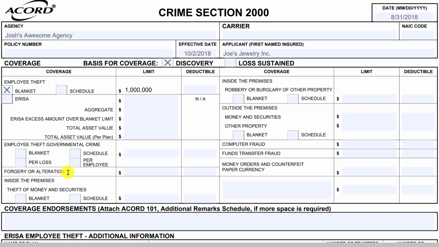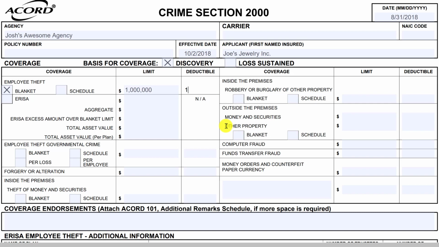Another statistic is the average loss caused by an employee dishonesty is $140,000, with 1 in every 5 cases reporting a loss of at least $1 million. So 1 out of 5 losses end up being $1 million or more. So $1 million, you might do a lot more than that, but $1 million is the least I would do.